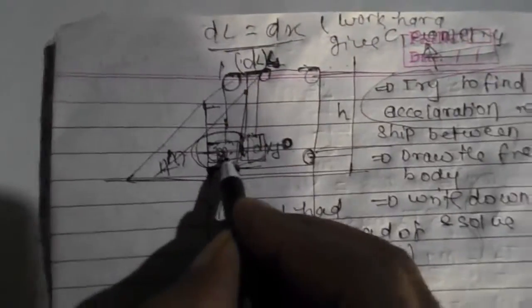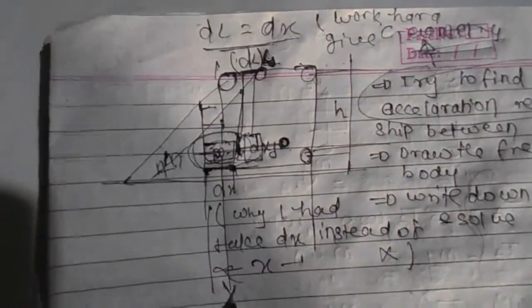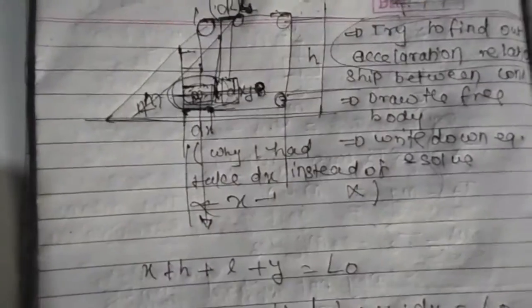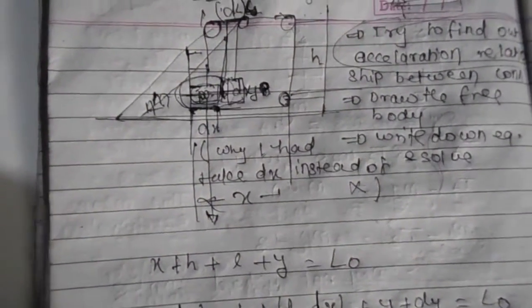So here, guys, there are two types of acceleration. This block B accelerates downward, as well as it accelerates in the horizontal direction. To understand this, you should give some time, nearly 2 or 3 hours.